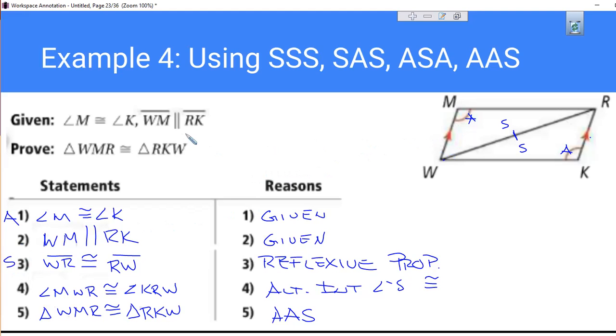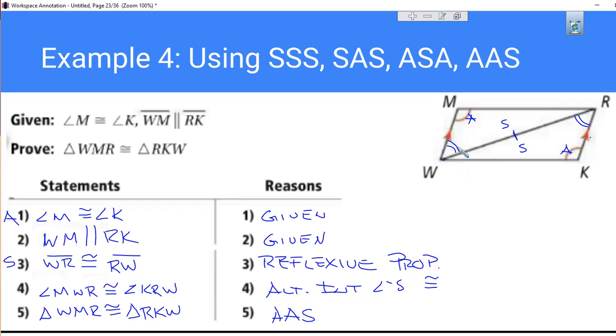Remember when we have parallel lines, we have a pair of alternate interior angles. To make sure we mark those correctly, we need to draw the angle in the right spot. Remember, it touches the parallel line and the transversal. So it should be this angle right here. And this one also touches the parallel line and transversal, so it's going to be this angle right here. As we name it, we say angle MWR is congruent to angle KRW.